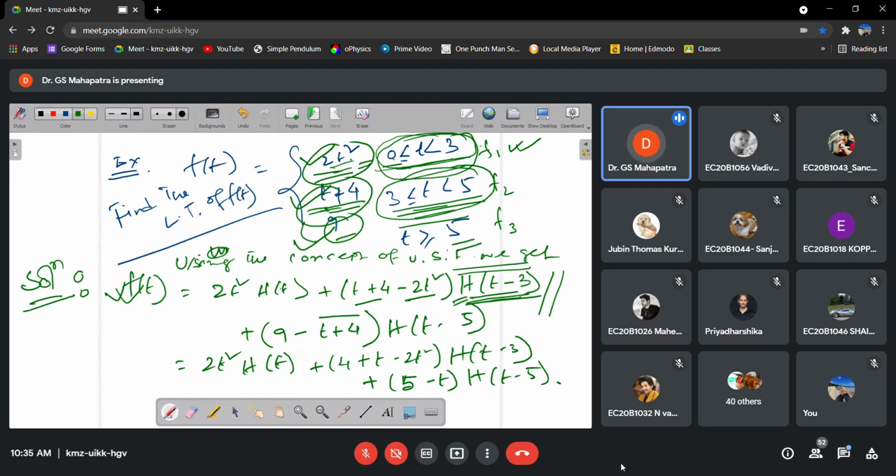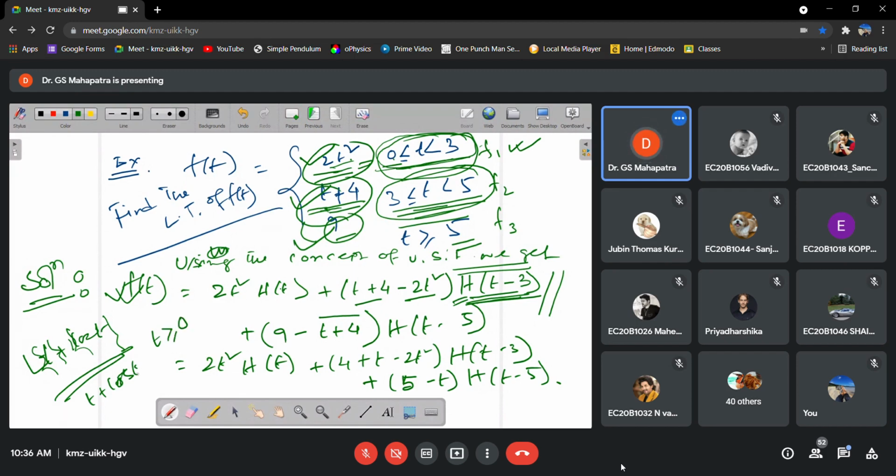If this function is defined for all values of t, then no problem. Actually, if we go back to any function, say t plus cos of t, what is the Laplace transform? The Laplace transform of this one and the Laplace transform of that one. For this function, t plus cos of t, it is defined for some particular values of t, say 0 or 5.